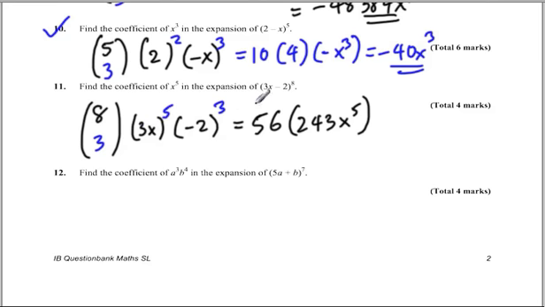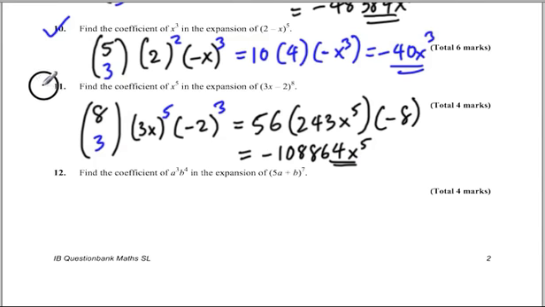And then negative 2 cubed is simply negative 8. And so if we multiply all those terms, 56 times 243 times negative 8, that's equal to negative 108,864 x to the power of 5. And that's our solution for number 11.